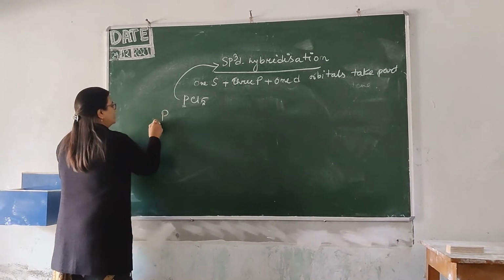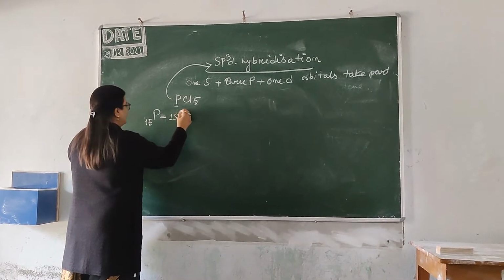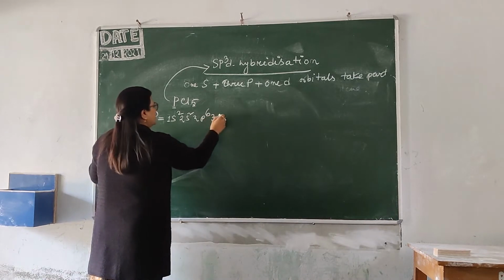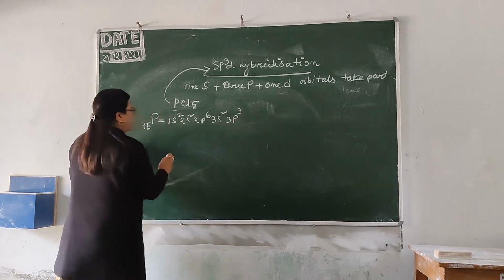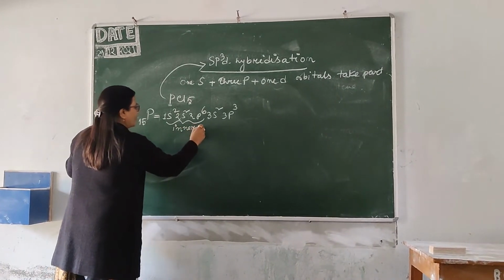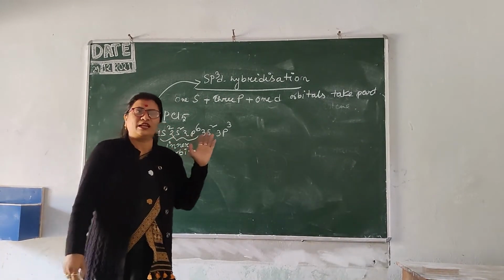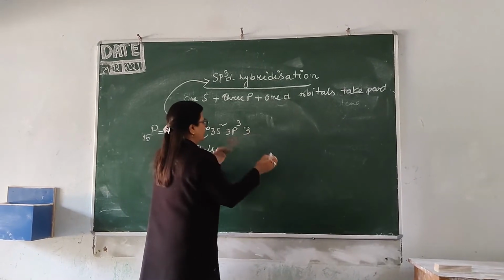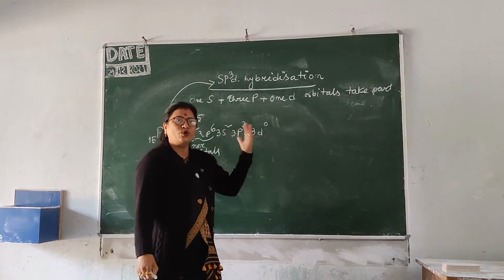We know that the valence orbitals or electron configuration of phosphorus is 1s2, 2s2, and so on. There are 3d orbitals available, where there are no electrons.